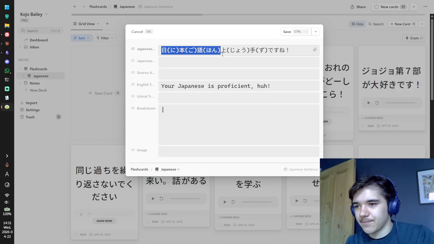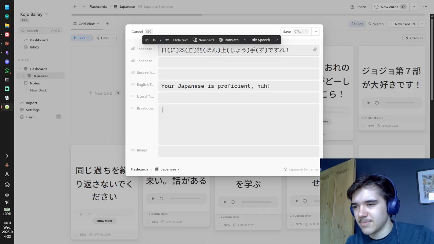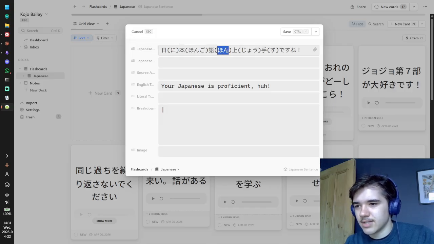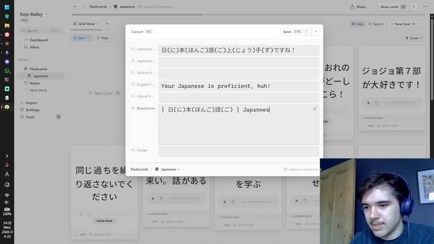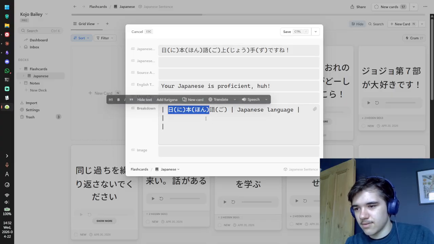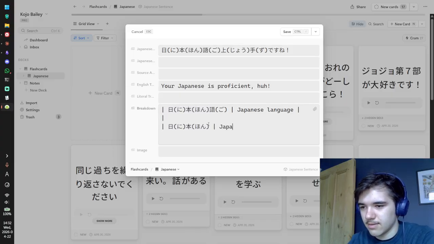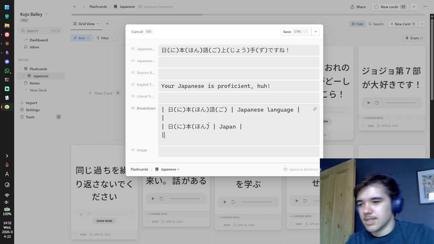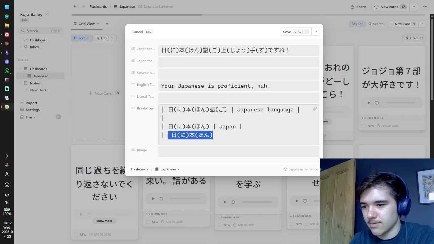Nihongo, Japanese language, consisting of course of Nihon, Japan, land of the rising sun, and go, meaning language.